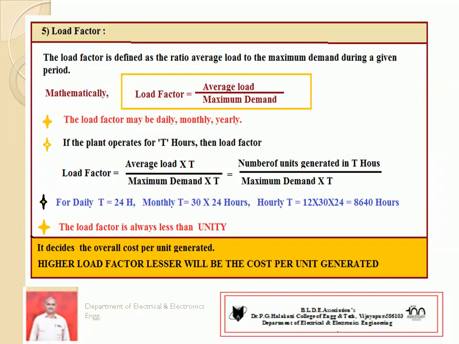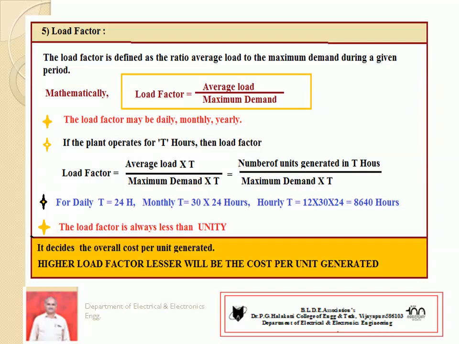What is the importance? It decides the overall cost per unit generated. Getting the idea? I told you earlier, it is a concept related to power plant economics. We have to fix the tariff to generate revenue from consumers.